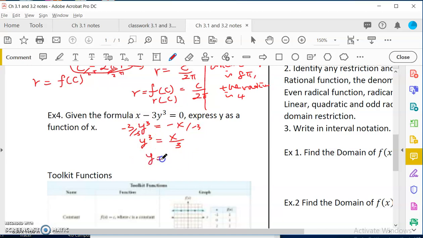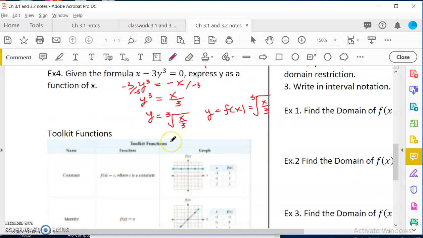And then to get y, I do the cube root of x over 3. So I would say y equals f of x is the cube root of x over 3, or you can write it this way.